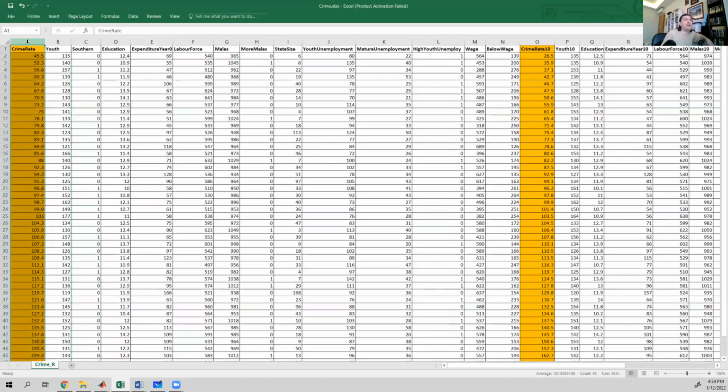And when it comes to regression analysis, you can directly use any of those two columns. Using crime rate as the y value, the response or dependent variable, is a good idea, because we are especially interested in this one. And for the independent variable, you can choose any of these x. However, please note that this is a strictly observational study. So it is very questionable which one is x and which one is y.